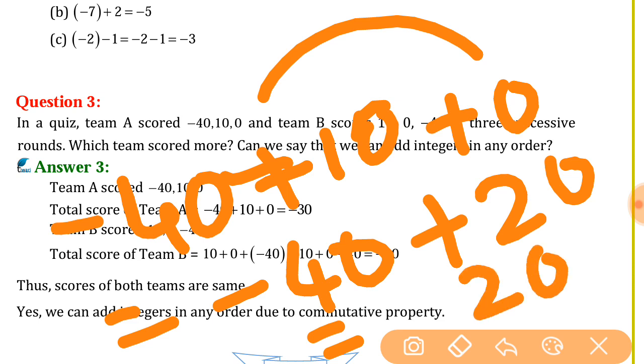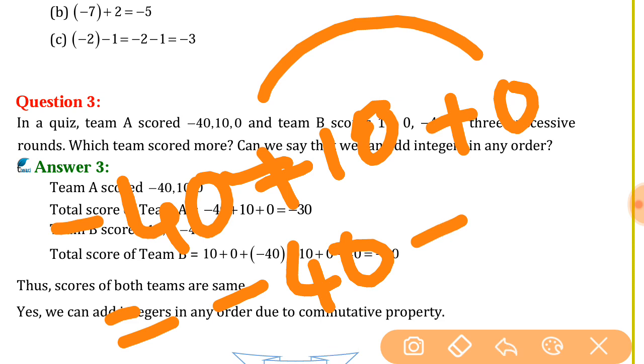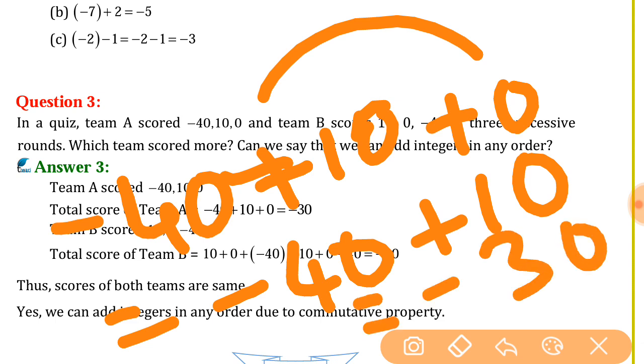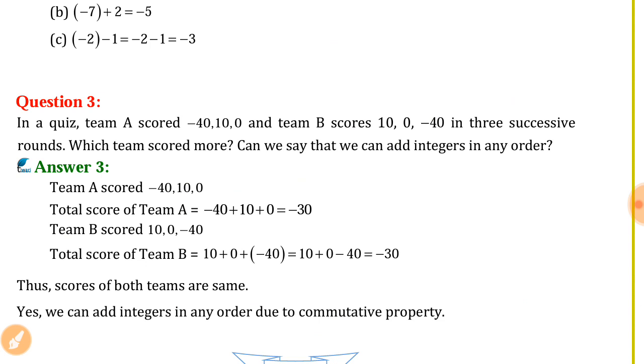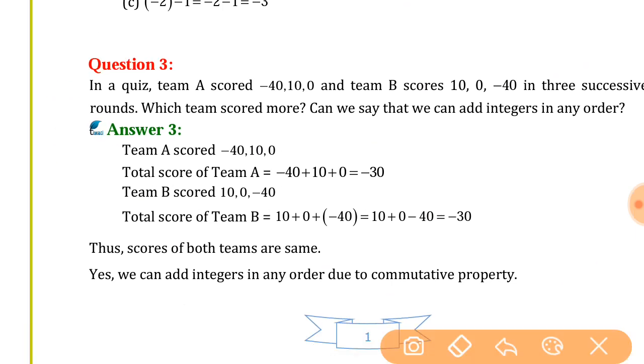Sorry, wait, it is not 10, it is 0. 10 plus 0 means it is 10 only. One is negative, one is plus, so we subtract: minus 30, because the bigger numeral, 40, has a minus, so that's why it is minus 30. I hope you understand how it is minus 30.